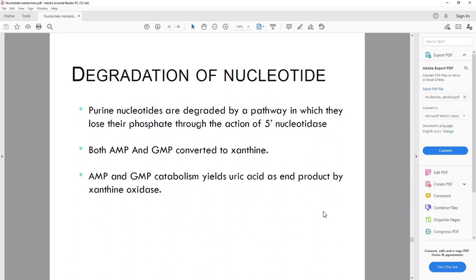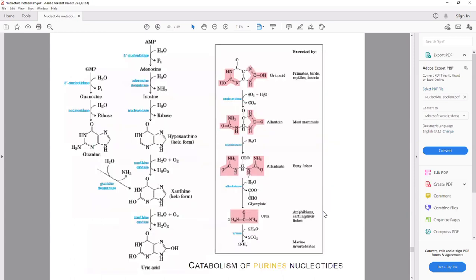The end products of purine nucleotides are AMP and GMP, and these are converted to xanthine. The catabolism of AMP and GMP will produce uric acid as an end product through xanthine oxidase. So AMP and GMP can undergo the degradation pathway, and the end product is uric acid.